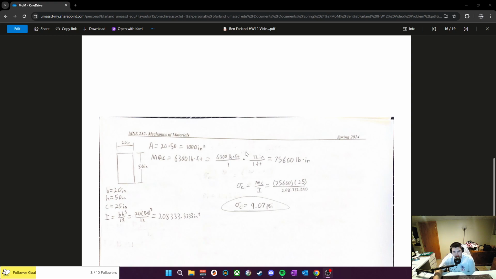And I convert that into pound-inches because I have inches cubed from my I value and also inches for my c value, which is 6,300 pound-feet over 1 times 12 inches over 1 foot, which is equal to 75,600 pound-inches.